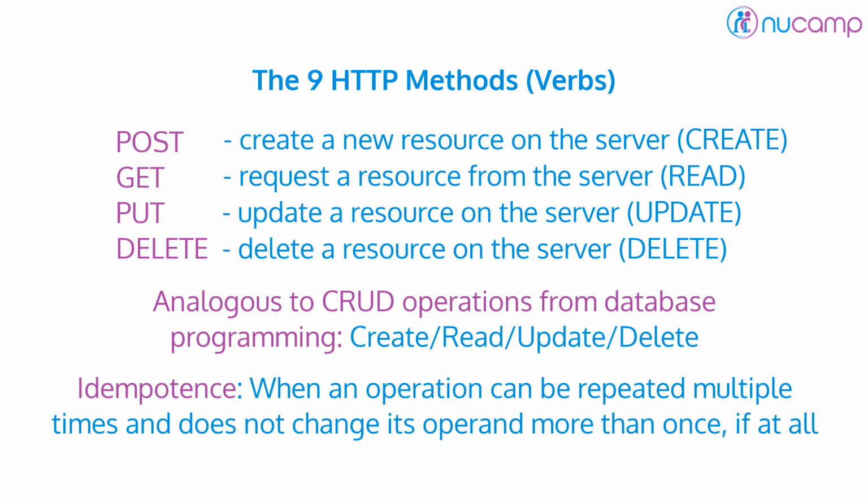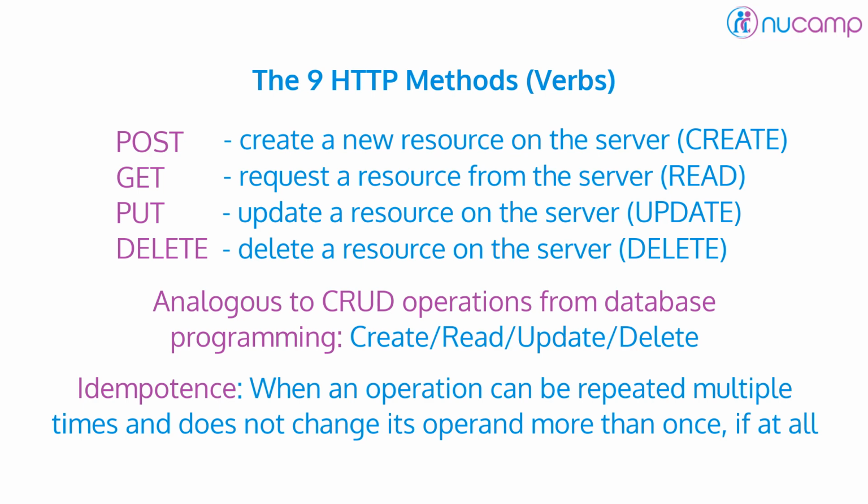A GET request is idempotent because you can make a GET request of a resource as many times as you want, and it will never change the resource. GET is just reading the resource, it doesn't do anything to it. A put request is idempotent because even if you accidentally send the same put request multiple times, it would just update the same resource with the same change.